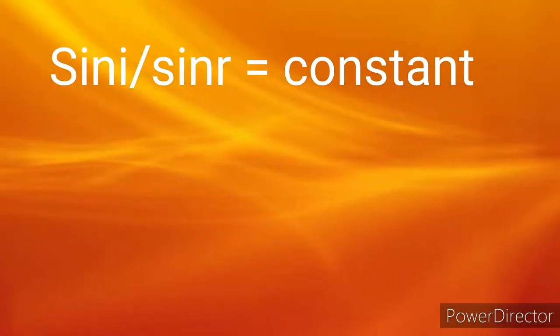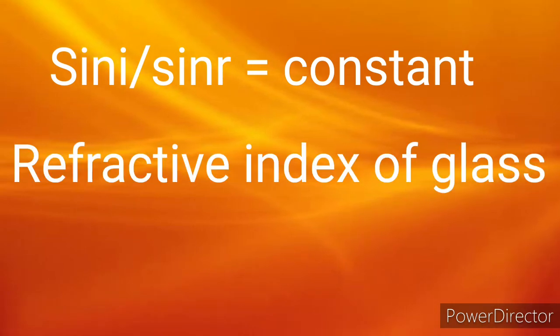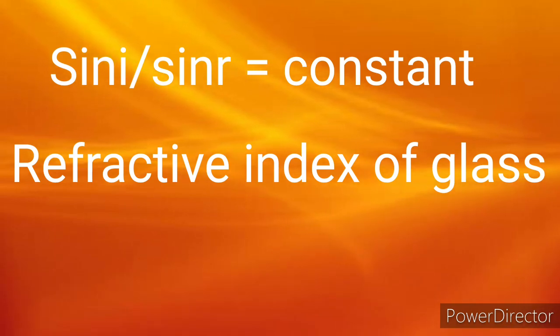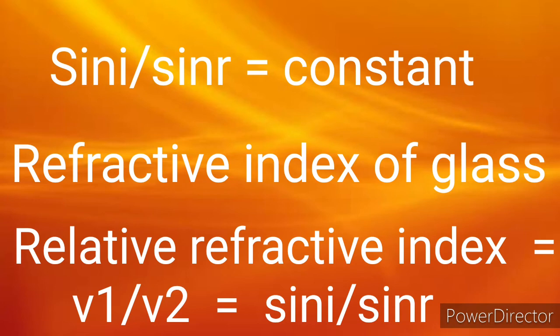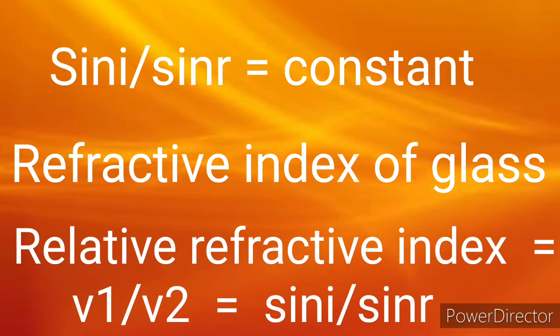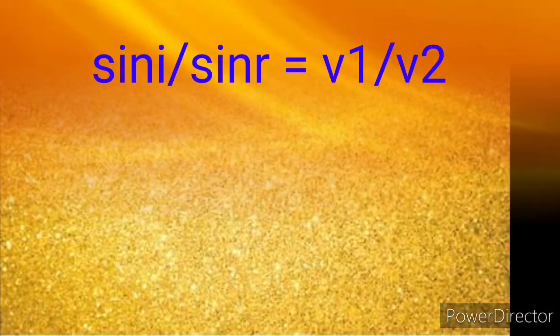Finally, we got the ratio sin i by sin r as a constant, and this value is equal to the refractive index of glass. Children, why is this ratio equal to the refractive index of glass? Because relative refractive index is equal to the speed of light in the first medium by the speed of light in the second medium, meaning v1 by v2, which is equal to sin i by sin r.